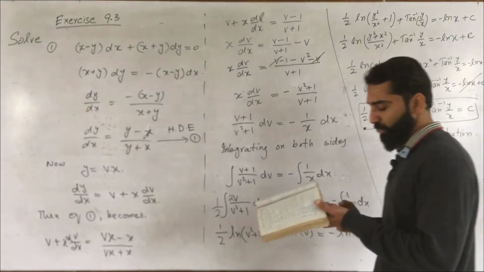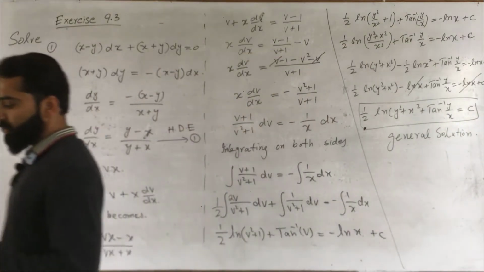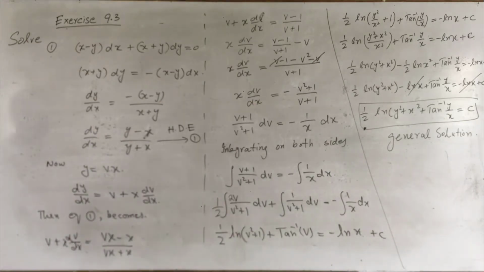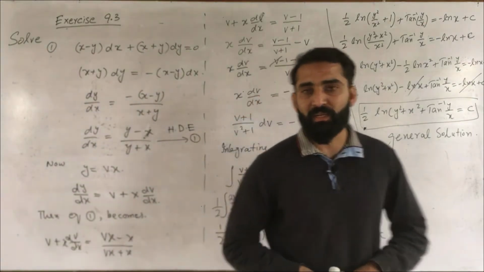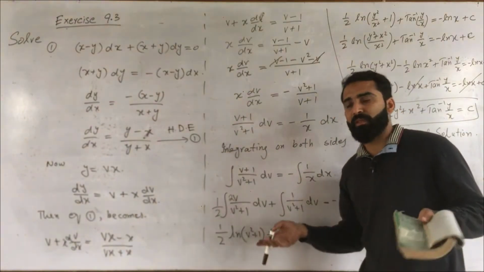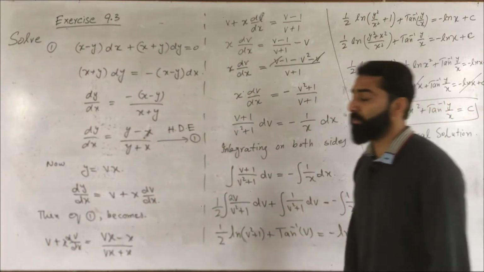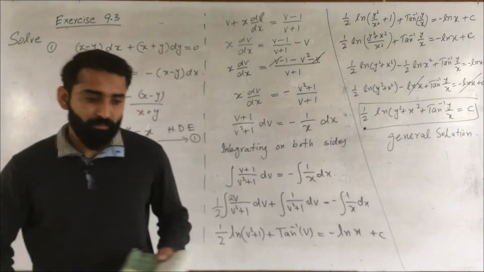It is the required solution of question number 1. So it is not so difficult to solve the homogeneous differential equation. If you have the method to solve this type of equation, then you can solve any kind of homogeneous differential equation. Question number 2.